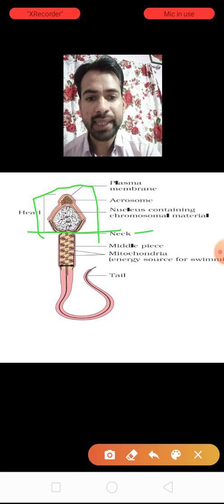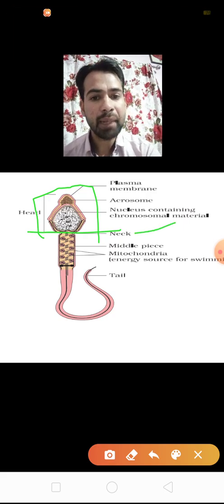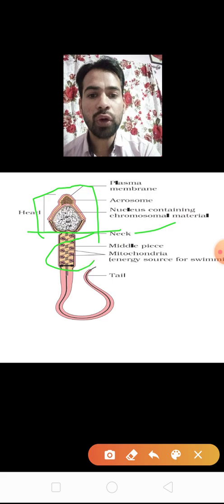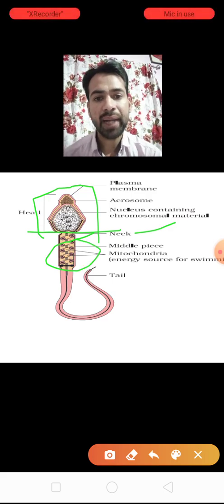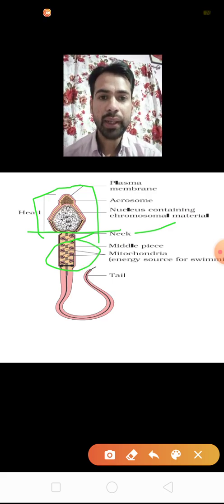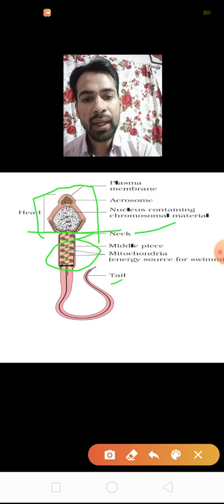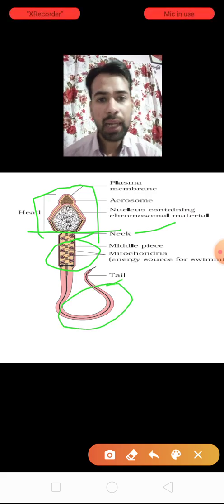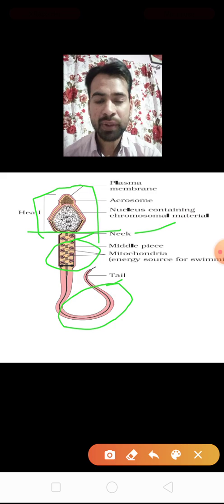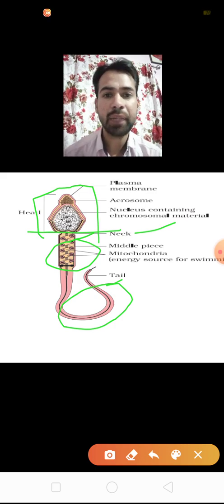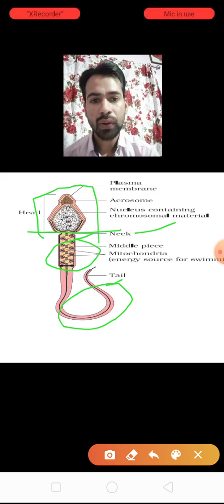Next is the neck. The middle piece has the mitochondria, which provide the energy for the motility of the sperms. The tail helps in the movement of the sperm, means it provides motility. Okay, clear?